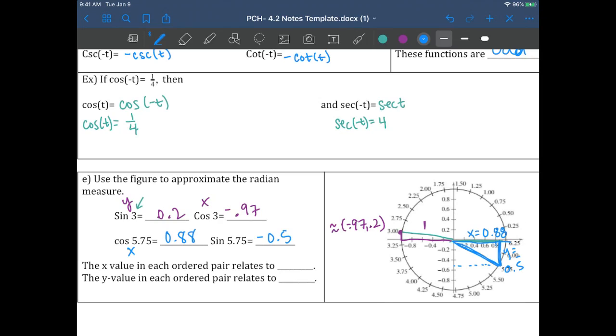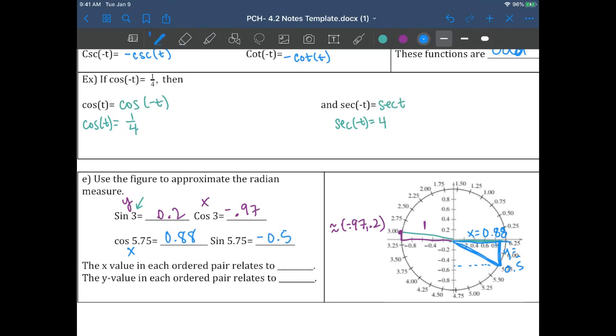So the x in each ordered pair relates to the cosine of your angle, and the y relates to the sine of your angle. I keep saying these backwards, I apologize.